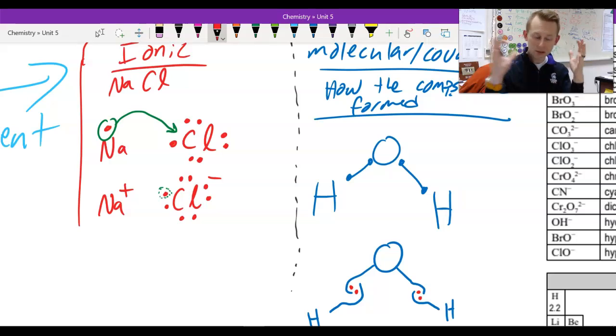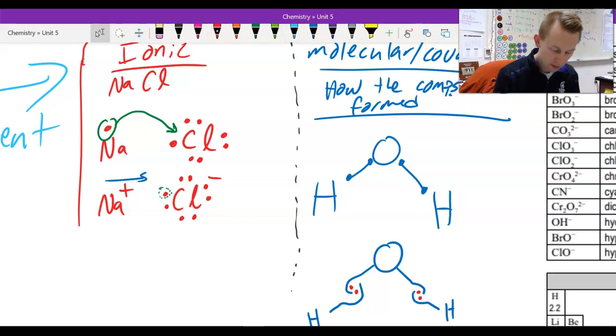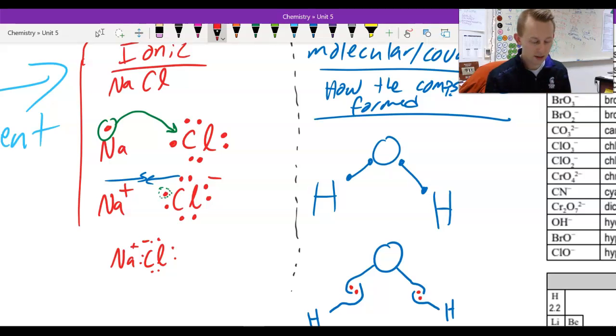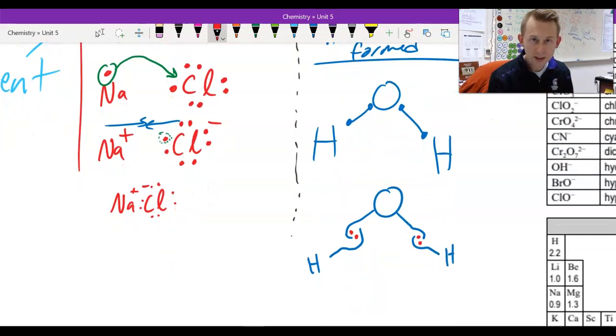So now these opposite charges cause these two to come together. The positive and the negative, the opposites attract, they stick together, and you end up with Na plus and the Cl, 1, 2, 3, 4, 5, 6, 7, 8, minus sticking together. We don't write the formula like this, but I'm just showing that the positive and negative is what caused them to come together.